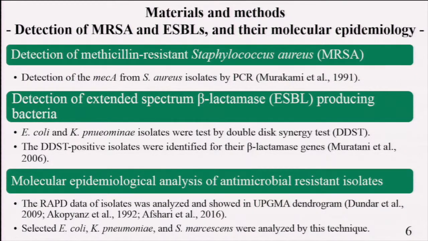The positive strains were isolated and the beta-lactamase genes identified by PCR. Furthermore, we performed molecular epidemiological analysis of the resistant bacteria using random amplified polymorphic DNA PCR. This study will focus on the ESBL producing bacteria, the recurrent mastitis Klebsiella pneumoniae, and the Serratia marcescens isolates.